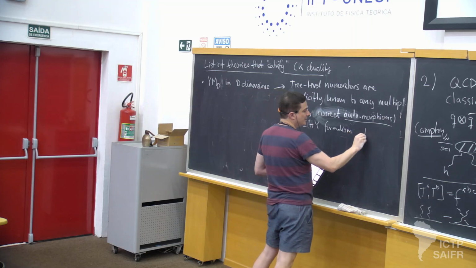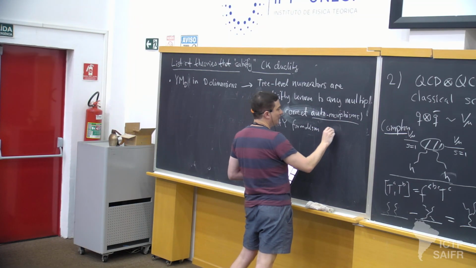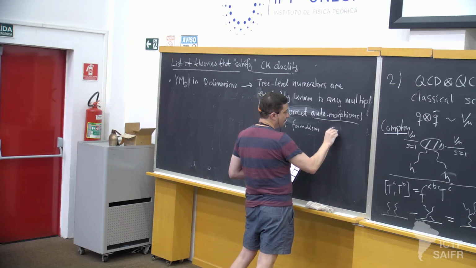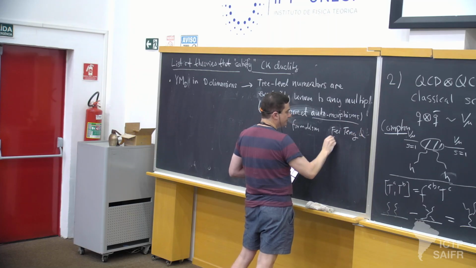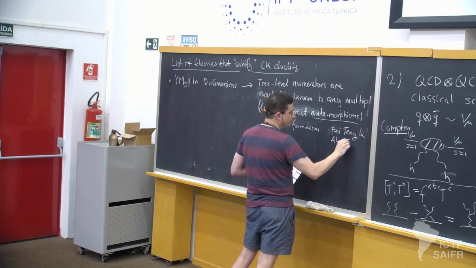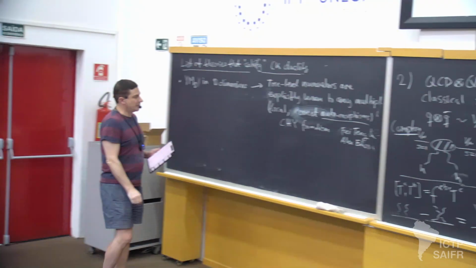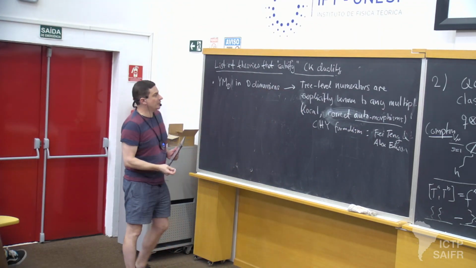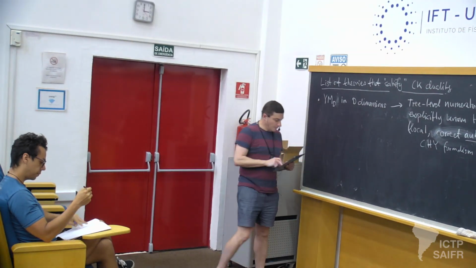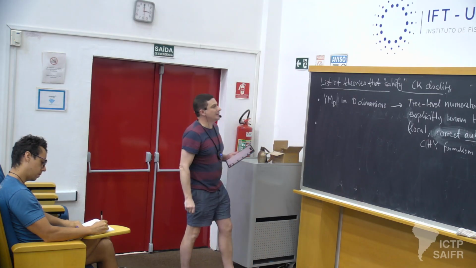And as I said, I forget who the complete list of authors were, but at some later work, there's a paper by Fei Teng and Alex Edison, which I think still has the best representation of Yang-Mills numerators. Okay, so that's basically the status of Yang-Mills in D dimensions.